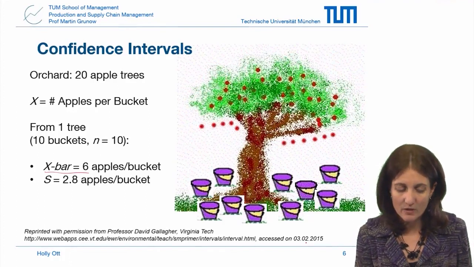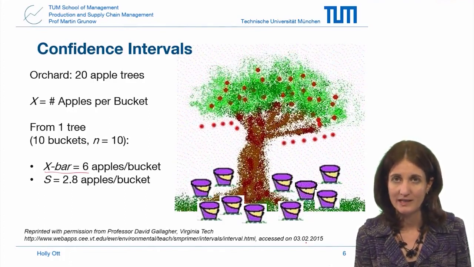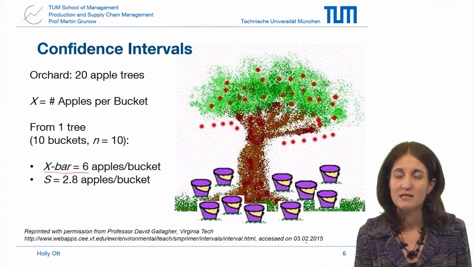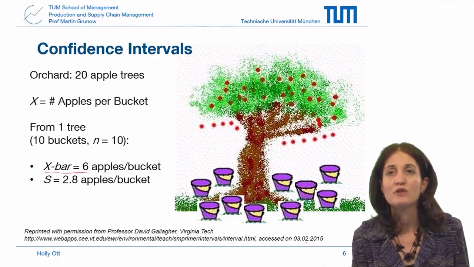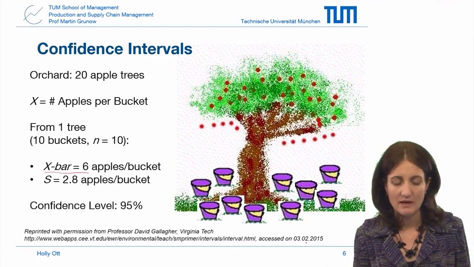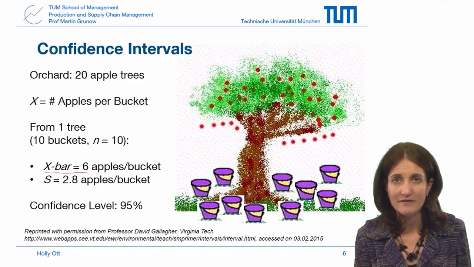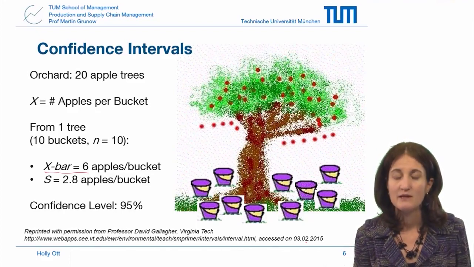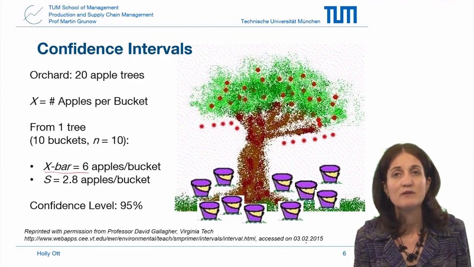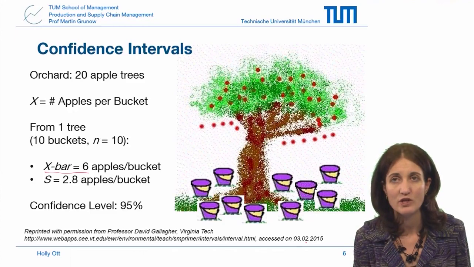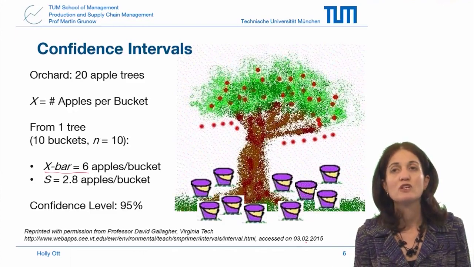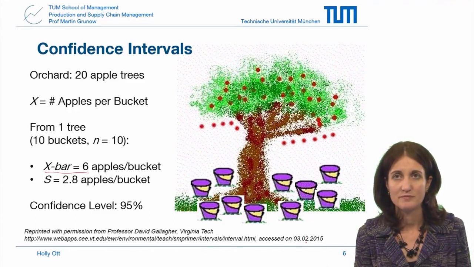Now, we know that x bar is only from one tree. It is just a point estimate based on the sample for the population mean. If we want to be 95% confident that the mean number of apples per bucket in the entire orchard is within a range based upon our one tree, we can use a confidence interval to define this range.